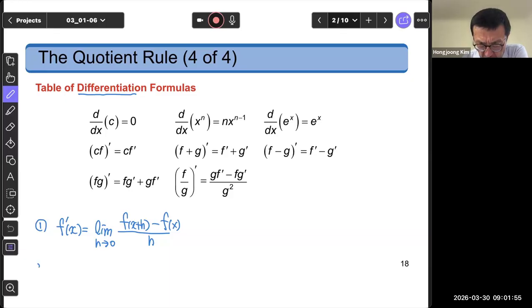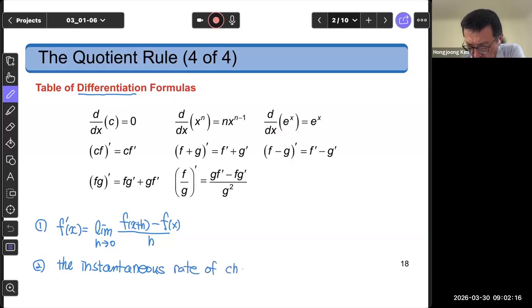And secondly, it measures how fast the function changes at the point x. In other words, that is the instantaneous rate of change of this function at point x.